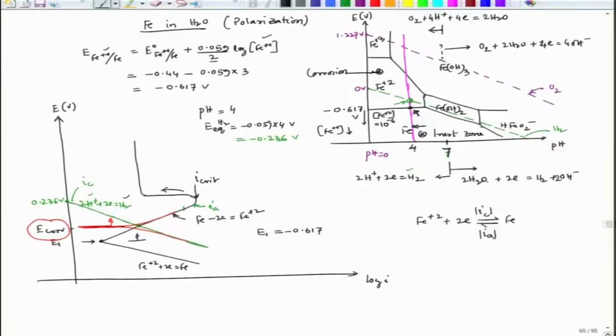Now, we have already seen that this reduction in I_a happens when there is a conversion from active to passive state, and this passive state happens when we have oxide layer or hydroxide layer formation on the metal surface.